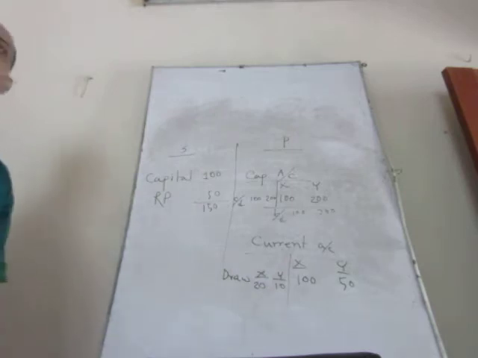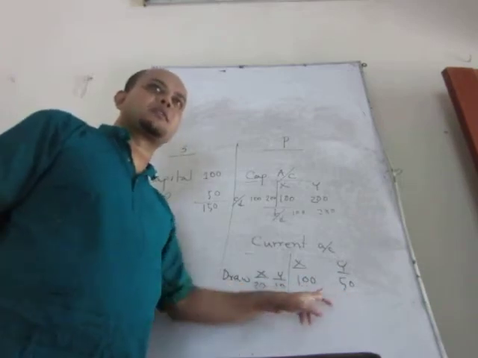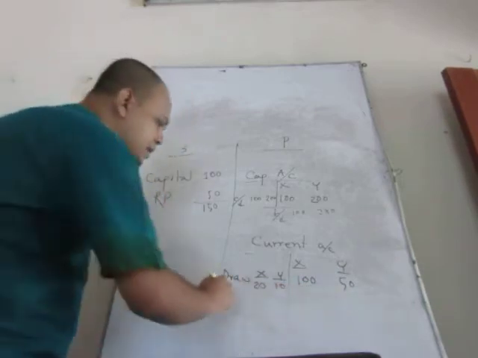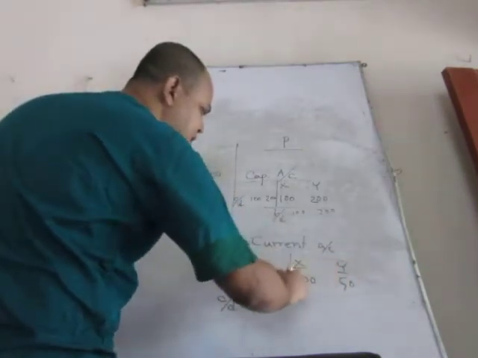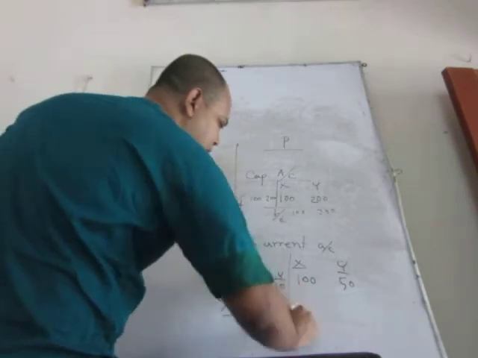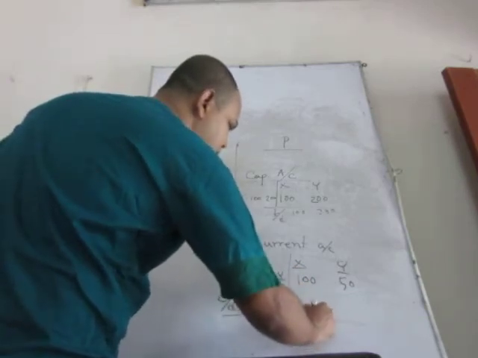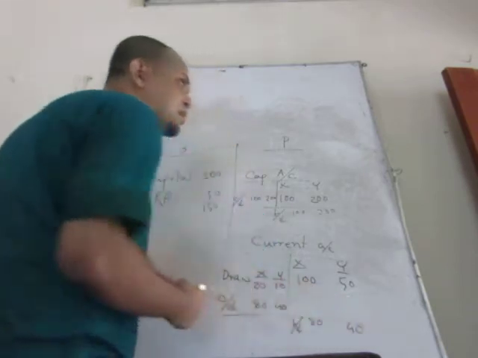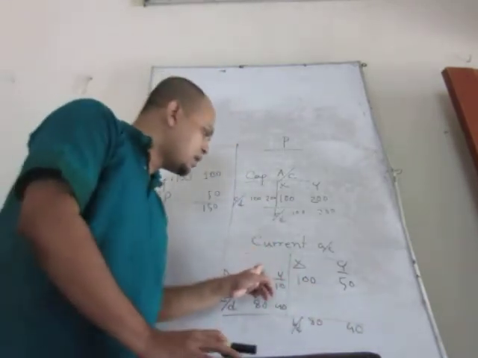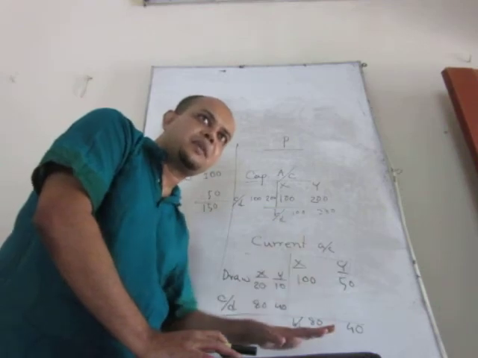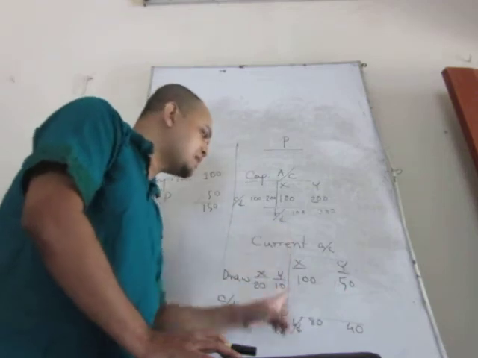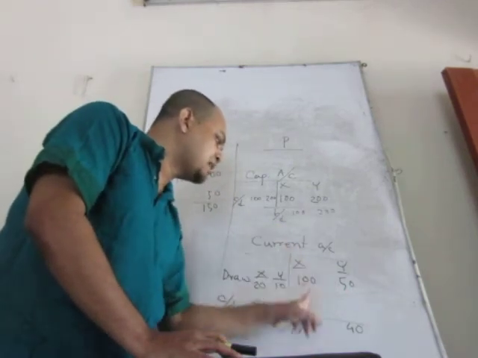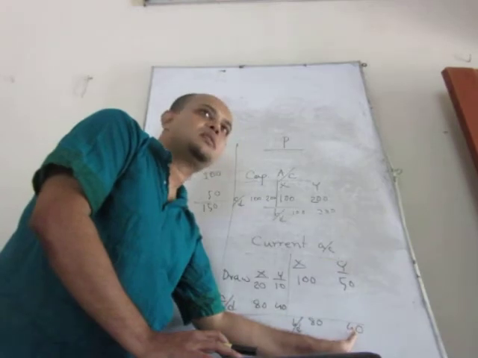Drawings are any amounts drawn by the partners. So drawings are made from the profit appropriated. Clear? So at the end of the day we can find out CD, here 80 and here 40. So for partners X and Y, at the end of the period after profit appropriation and drawings, their current account balance for X is $80 and for Y is $40.